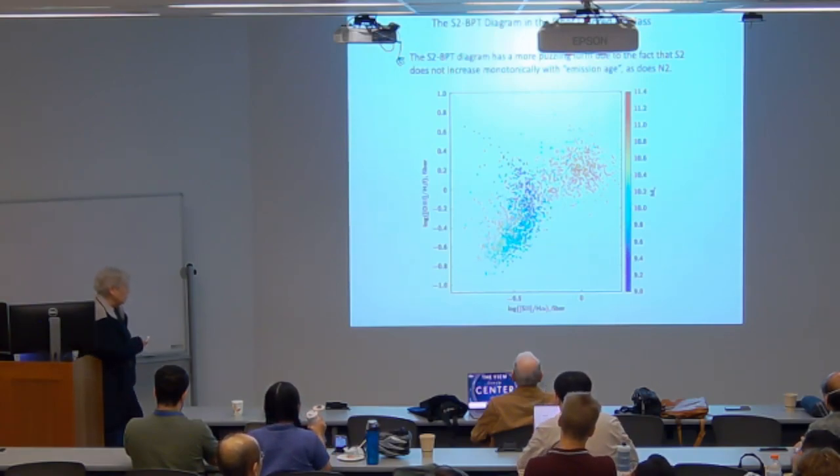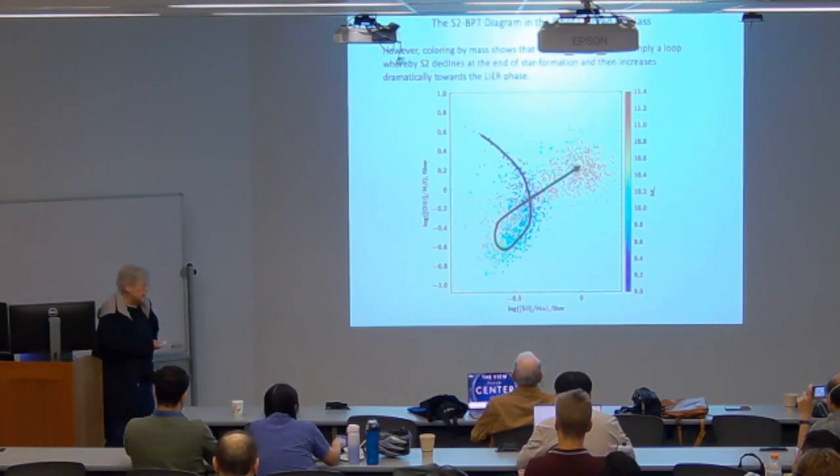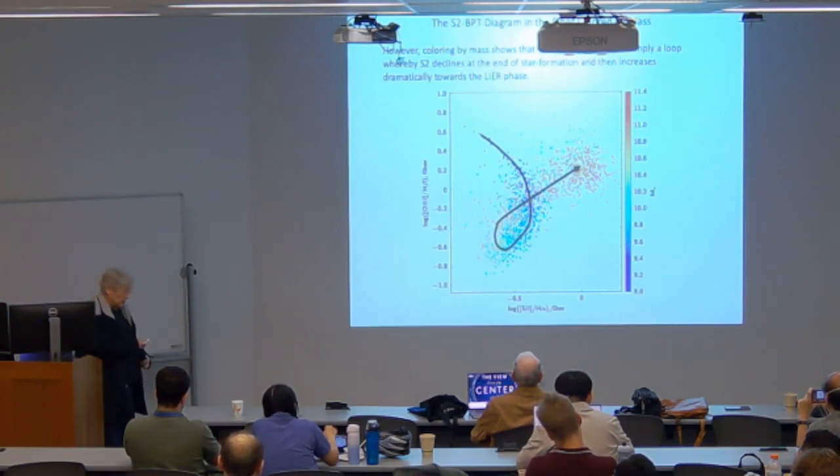But now that we're coloring by mass and interpreting mass as an evolutionary stage, it's natural to interpret this as a loop, an evolutionary loop, and it occurs in sulfur, not nitrogen, because the models show that as we increase the metallicity with time, the behavior of sulfur isn't monotonic, so it causes it to make a loop.